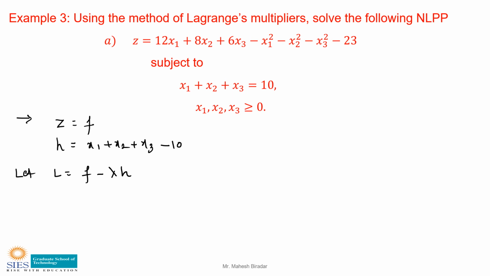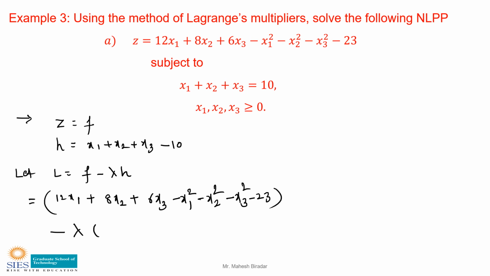So this is equal to f, which is 12x1 plus 8x2 plus 6x3 minus x1 square minus x2 square minus x3 square minus 23, minus lambda times x1 plus x2 plus x3 minus 10.